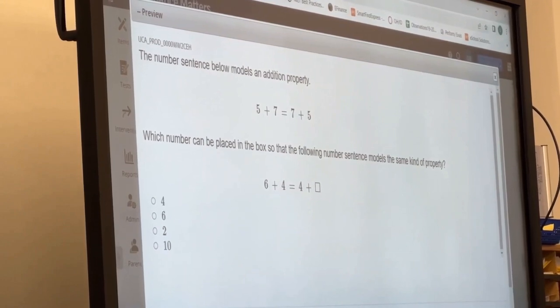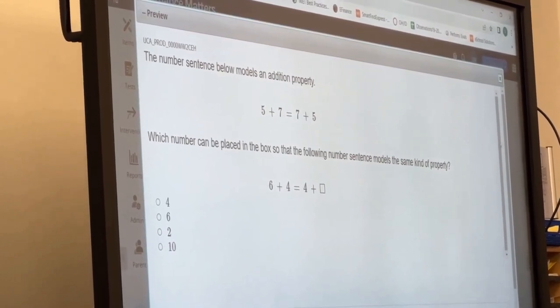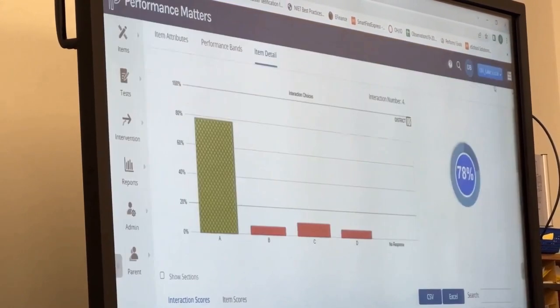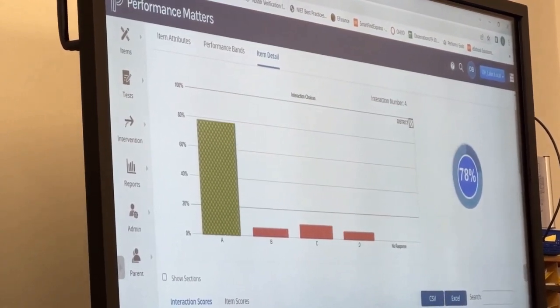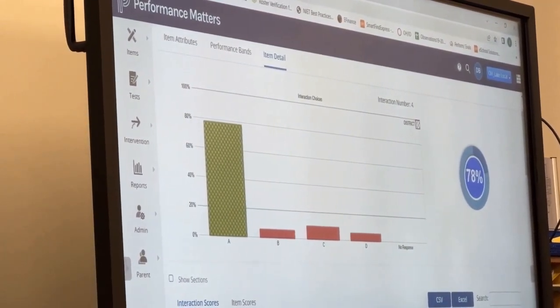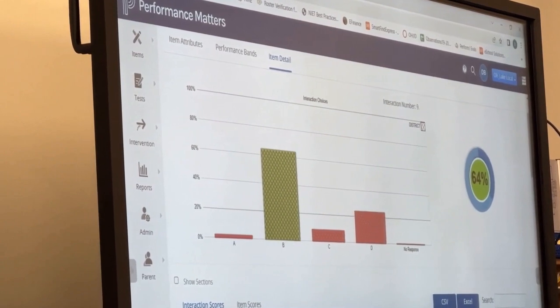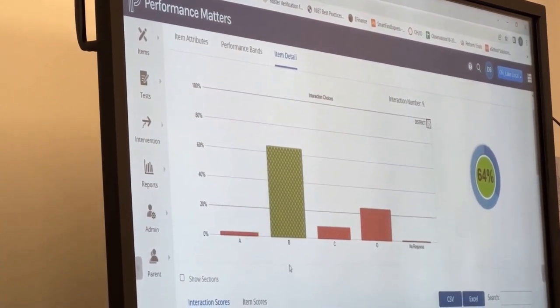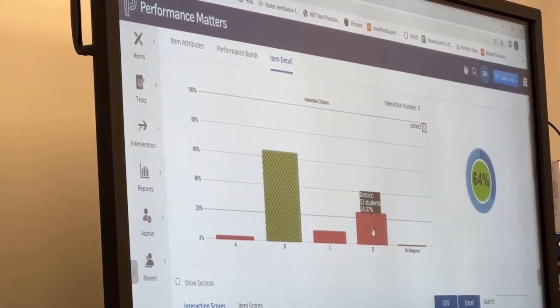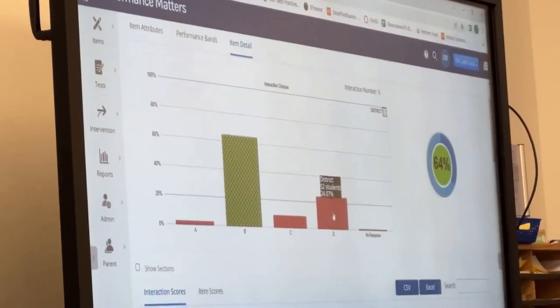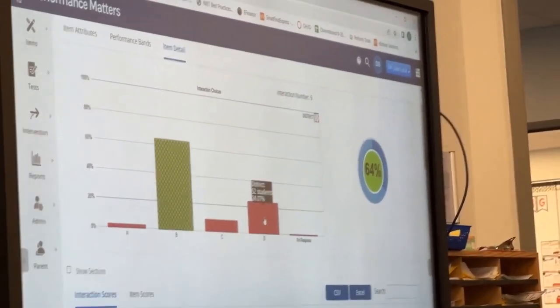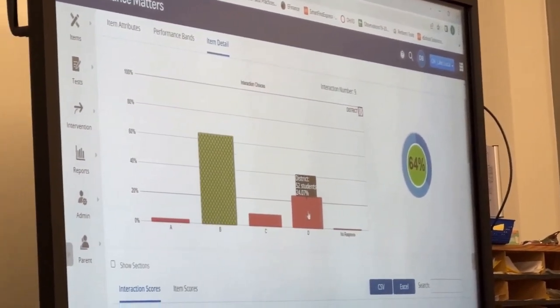Can you bring up the answers? Yeah, let's see what they selected. I think too, we did this so long ago, those turnaround facts a few units back, so it could have just been forgotten. Let's see how many answers are 10. Yeah, D. 52 students selected D, which was 10. They just added 6 plus 4. Yeah. So they added it.